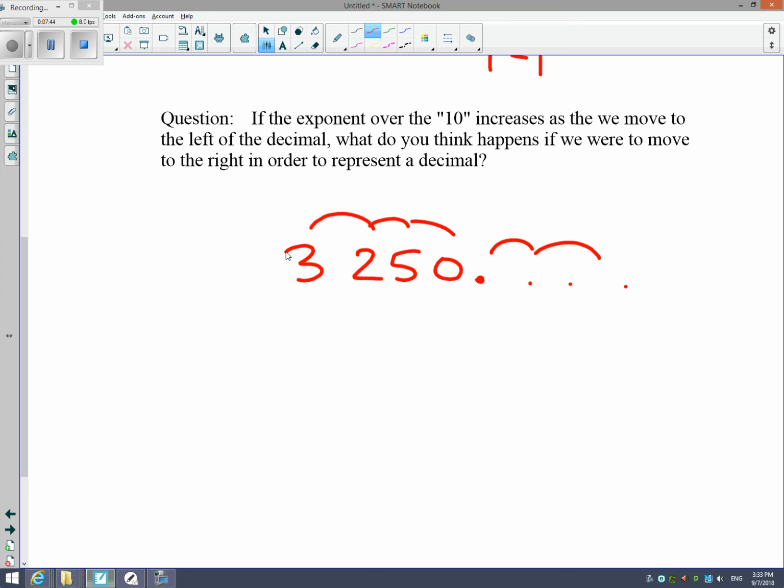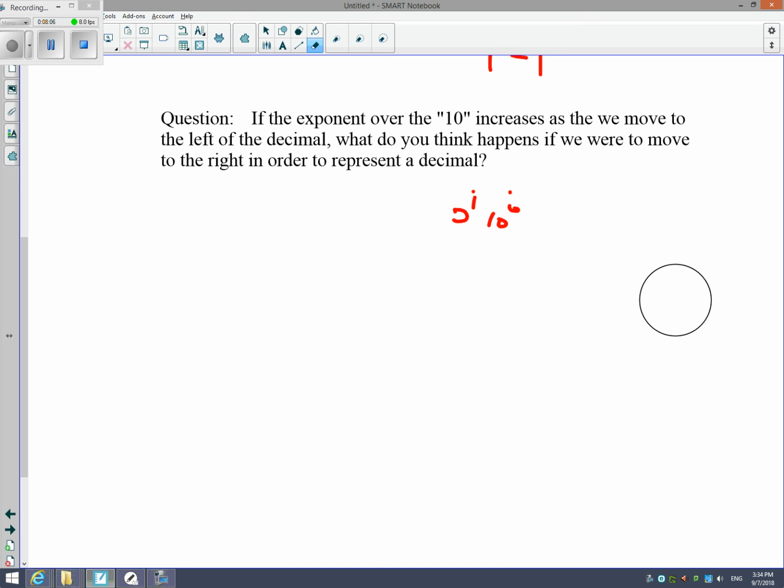We put it out as a logic question, and we said, well, if this is 10 to the 1 and 10 to the 2 and 10 to the 3, and even 1 is 10 to the 0, we took an educated guess and said, well, maybe you write a decimal in exponential form with a negative on top of it, just like a number line or a thermometer. And it was a wonderful guess. It's exactly what happens.